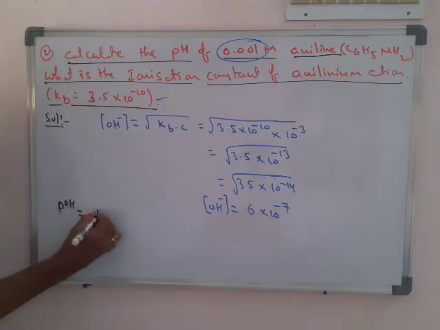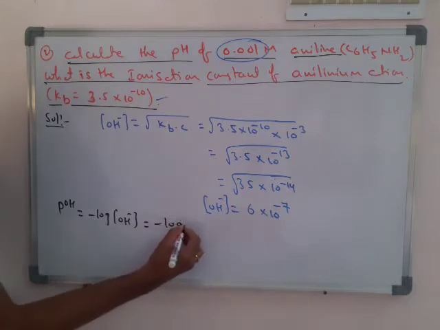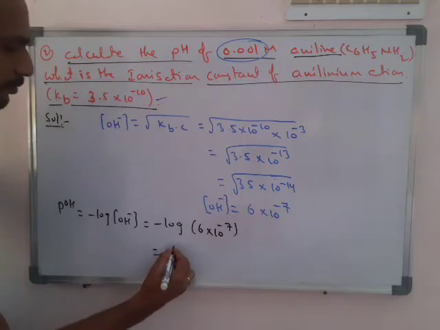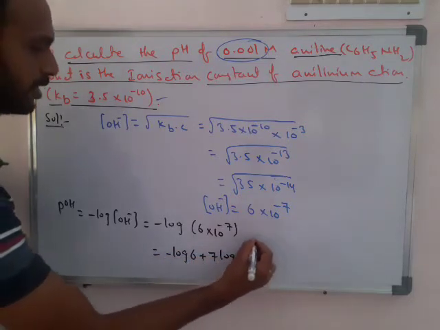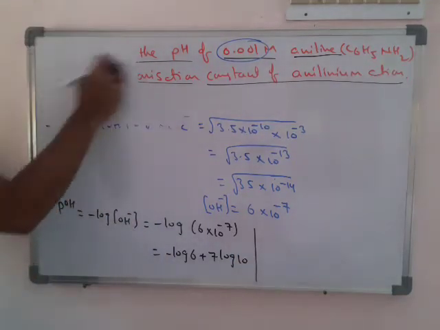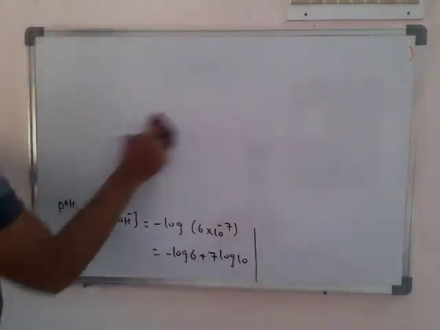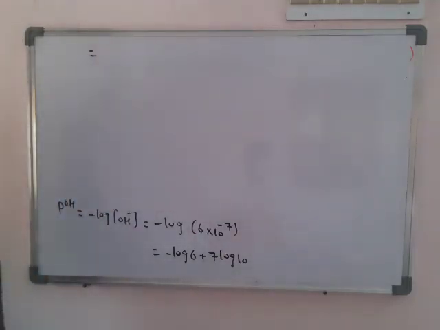So pOH is equal to minus log OH minus, which is minus log of 6 into 10 power minus 7. Here we need the log 6 value.